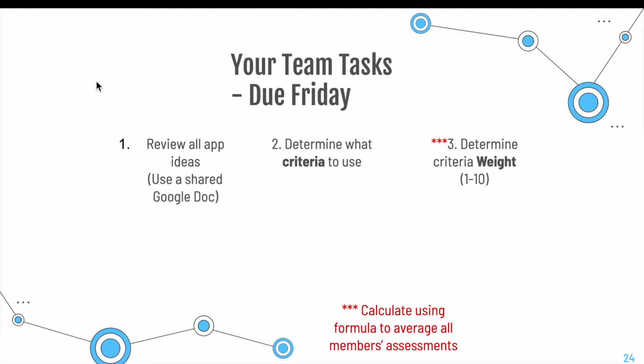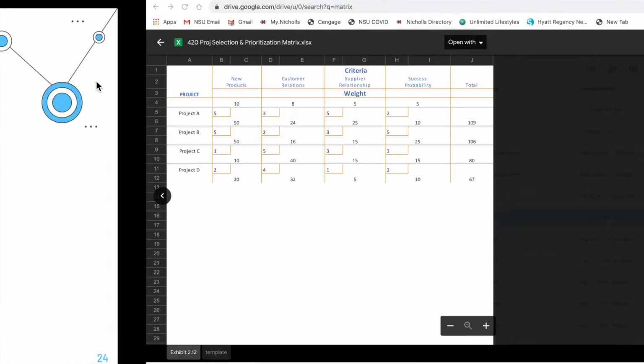Because you have 3 different members on your team, each person might have a different perspective on how much weight should be placed on each criteria. So I will ask you to use an average formula to summarize, average all the team members' assessments. So let's go in there and we'll come back to the other steps later.